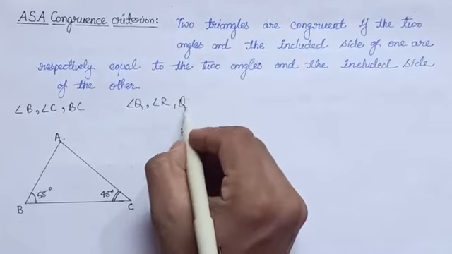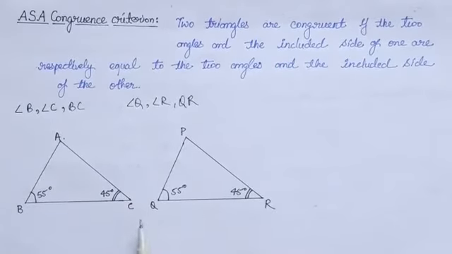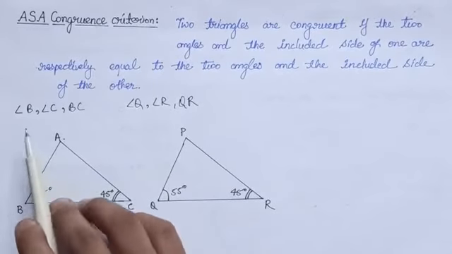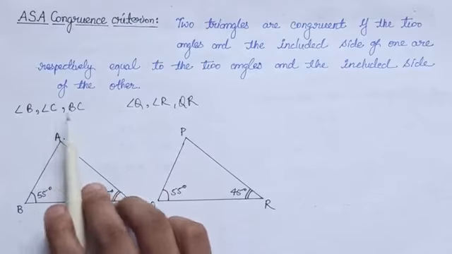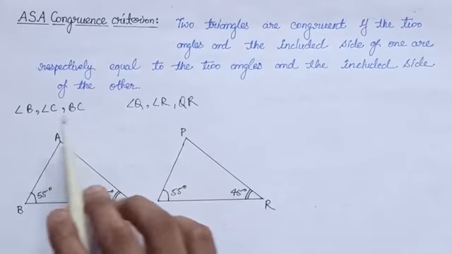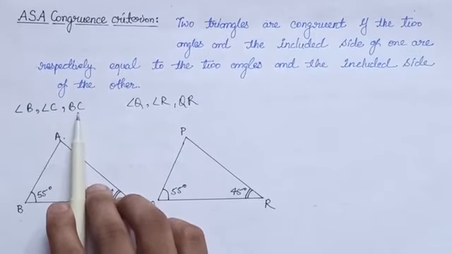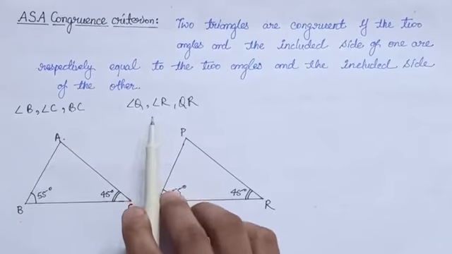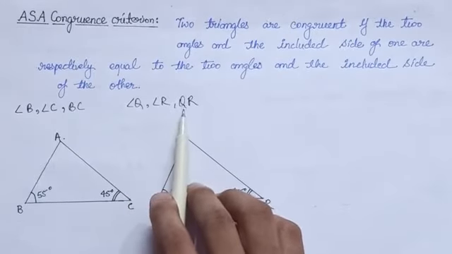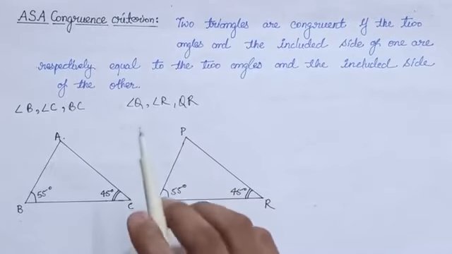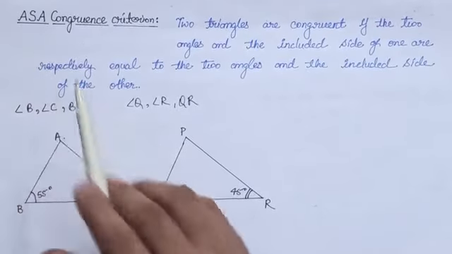So if somehow in these two triangles ABC and PQR, we can show angle B is equal to angle Q, angle C is equal to angle R, and the side included between the angles B and C, that is BC, is equal to the side included between the angles Q and R, that is QR, then we can say these two triangles are congruent by angle side angle congruency.